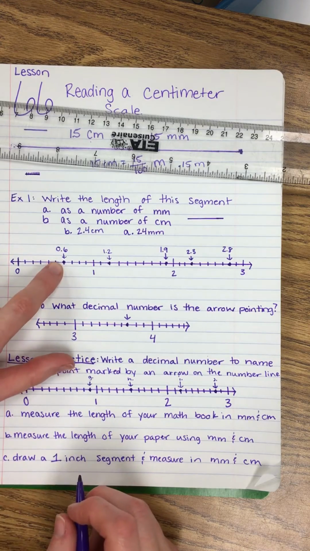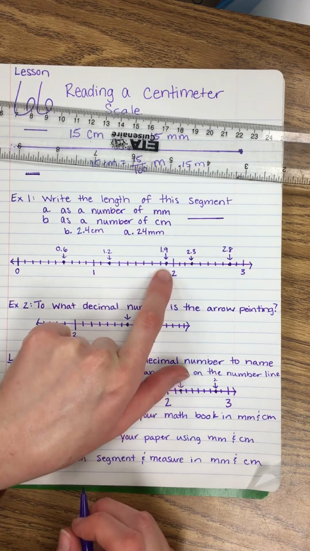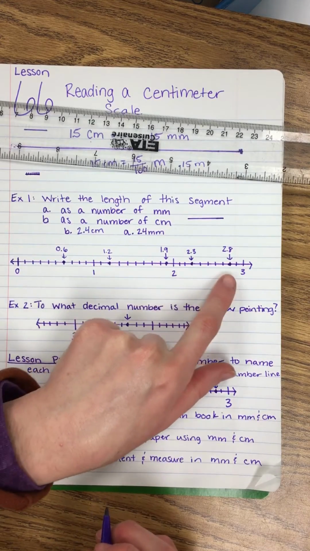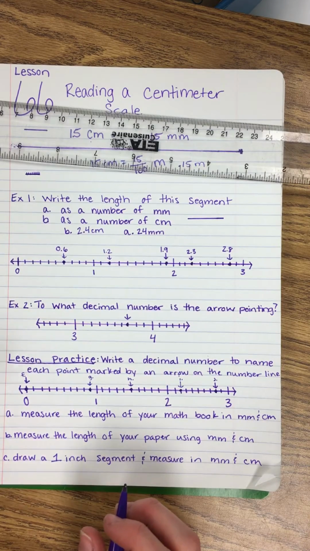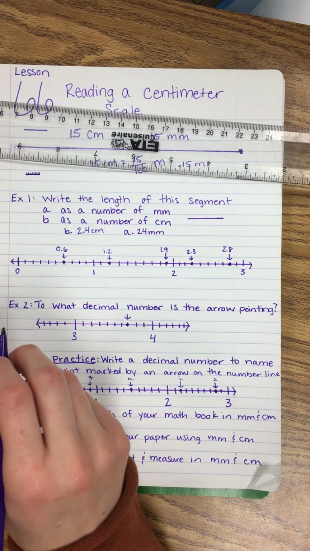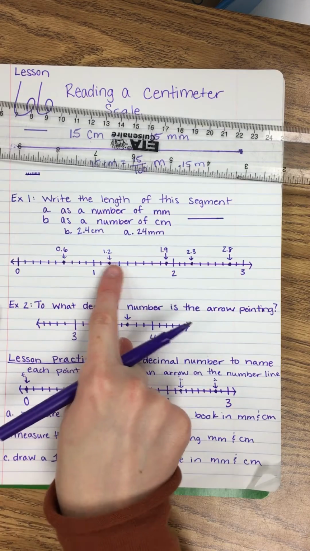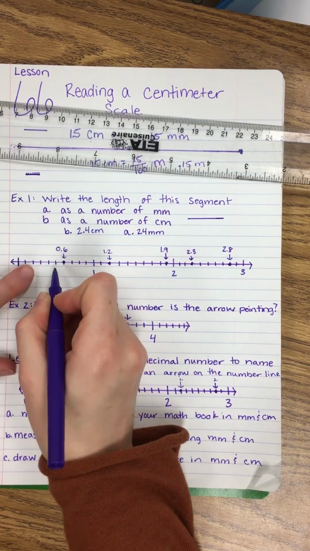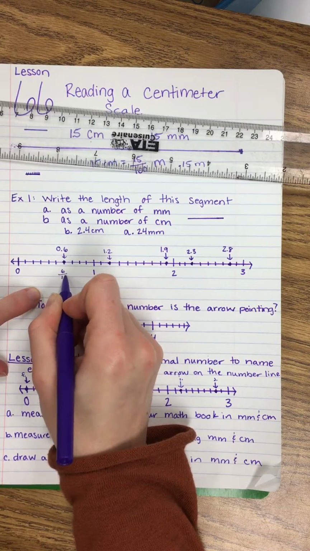We have 0.6, 1.2, 1.9, 2.3, and 2.8. We're going to name the fractions or mixed number that each arrow represents. This one is 0.6 or 6/10.